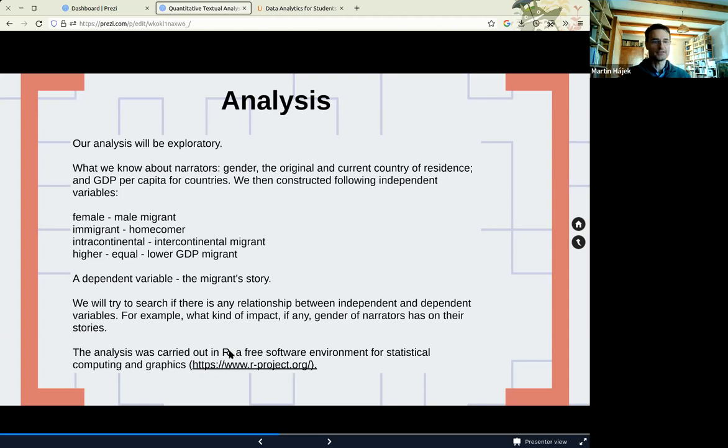I'm not an expert in R. I'm not a statistician by profession, so I was a user of R, and I say it to encourage you to become also users of R. It's not difficult to learn, and you can use many book tutorials, but also video tutorials, for doing the simple analysis as I am doing.